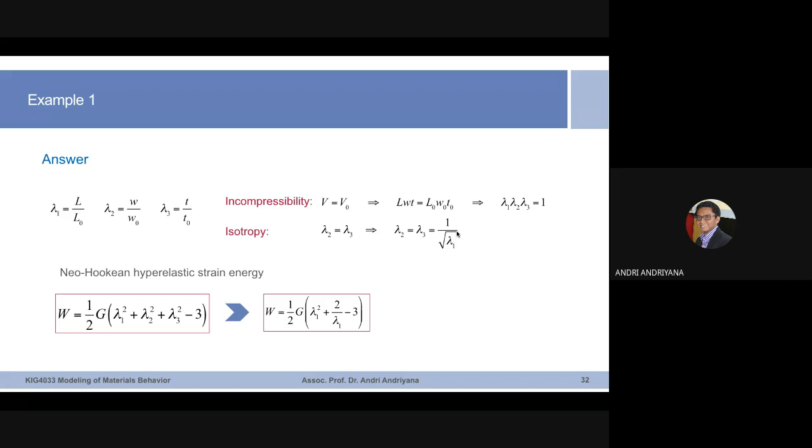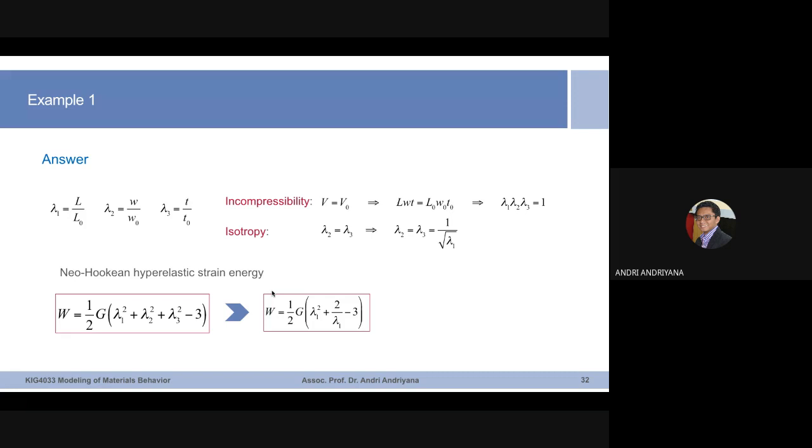So I can now simplify the expression for the neo-Hookean hyperelastic strain energy from the original expression to a simplified one in the case of uniaxial extension. Again, this is the simplified form only for uniaxial extension loading conditions.